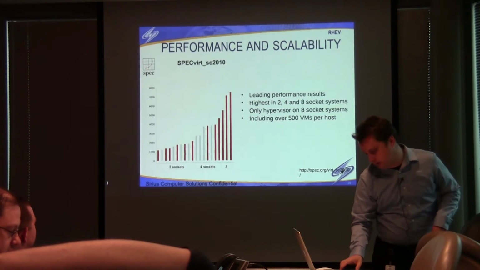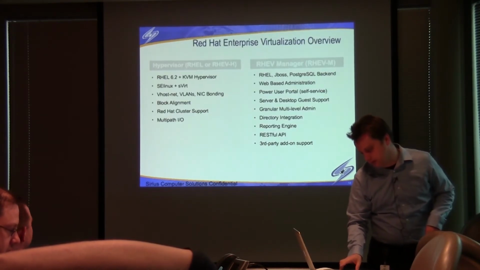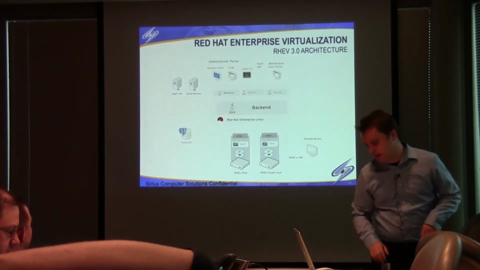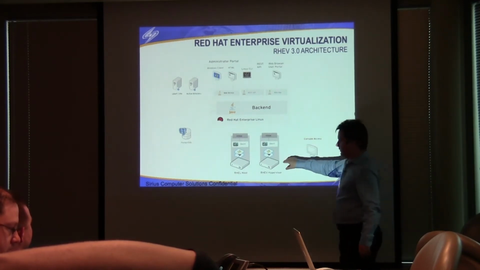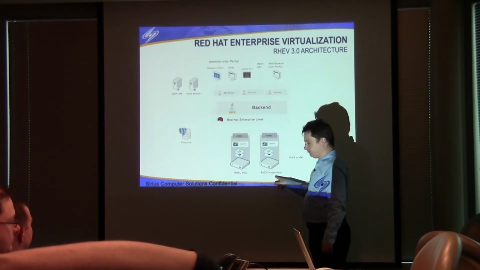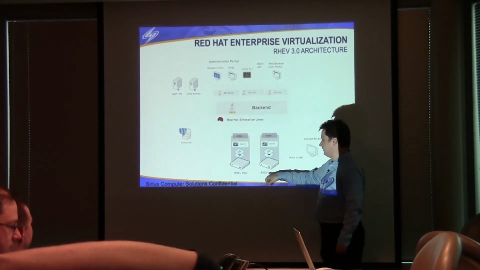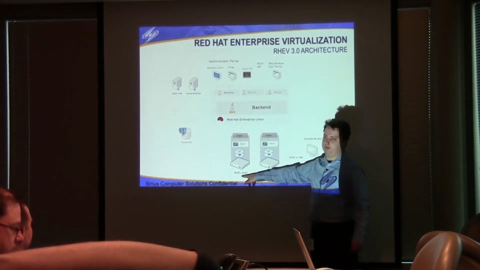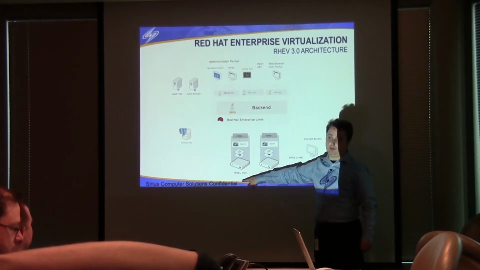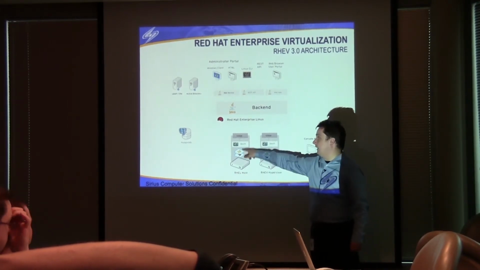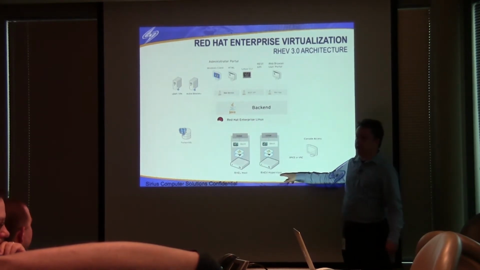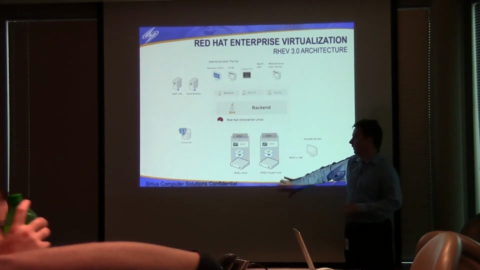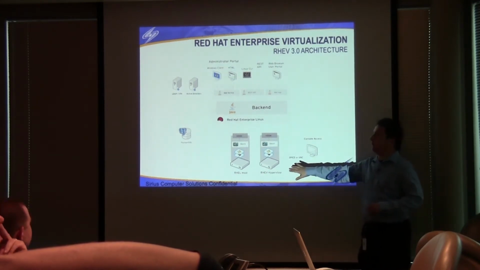Let me go back to the architecture. Probably skipped ahead myself. So this even applies to the 3.1. You'll have your hypervisors. You could either run a full-blown Red Hat Enterprise Linux or Fedora or CentOS, full packages and all, or you can use the oVirt node or the RHEV-H, which is 100 megs on your hosts.